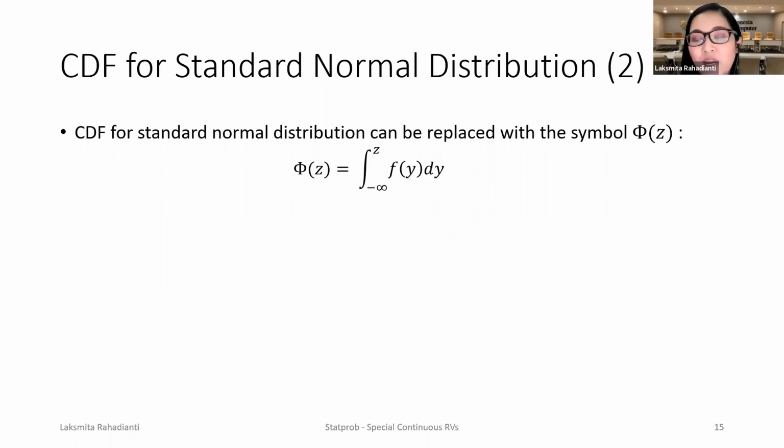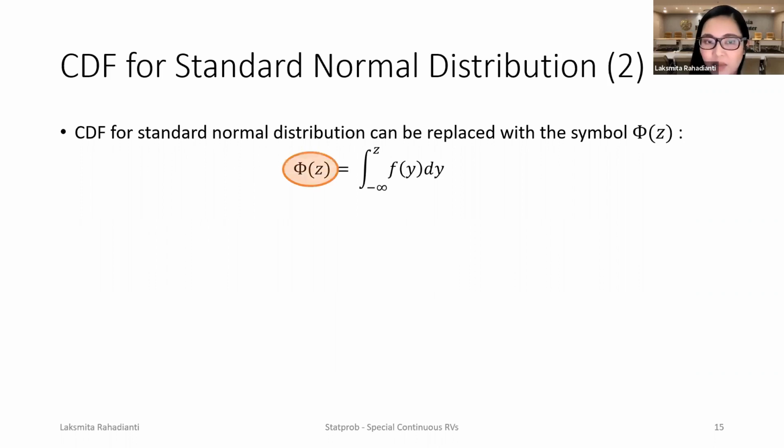But since we know it is a standard normal distribution or a standard normal variable, we now have a new symbol, phi. So this symbol phi can be used as the CDF. Instead of writing the large F, don't forget small f is PDF, large F is CDF, I can just use phi instead.